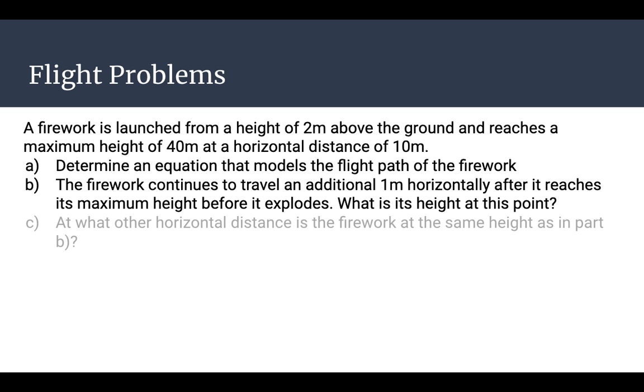Then we'll see at what other horizontal distance the firework is at the same height as in part B. As you can guess, since parabolas are symmetrical, we will have two horizontal distances that have the same height, unless we're at the vertex. So first of all, let's do part A.